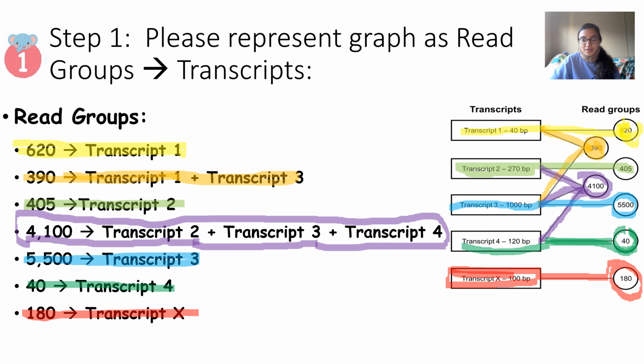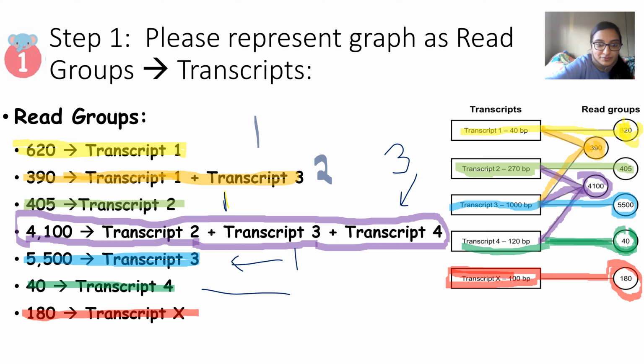So we can go down this and say this will be 1 for this one, this will be 2 transcript groups, this will be 1. Let me write it here. This will be 3 groups here, this is 3 groups, this is just 1 transcript group of 3, this is just 1, which is transcript 4, and this is just 1.